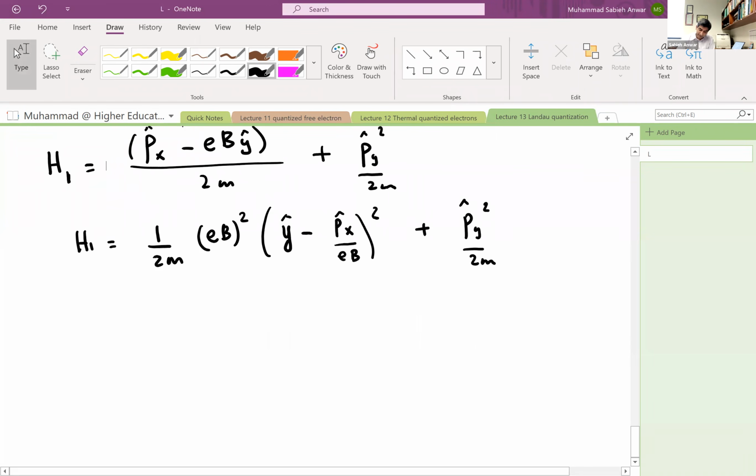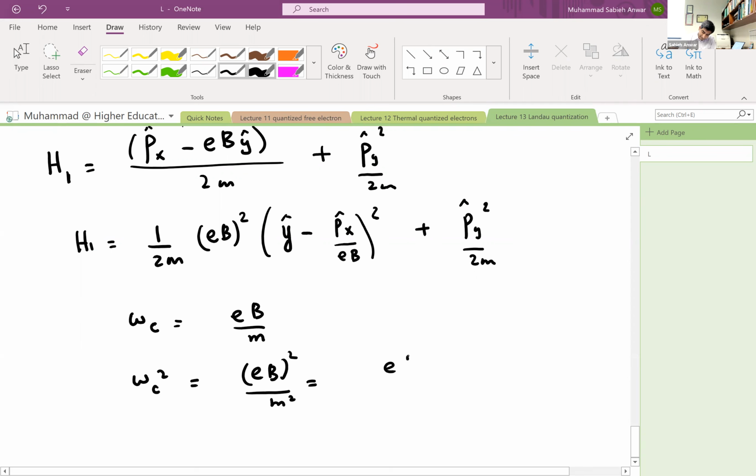All right. Now we've seen that omega c, our cyclotron frequency, is given by eB over m. Omega c square is e^2 B^2 over m square.